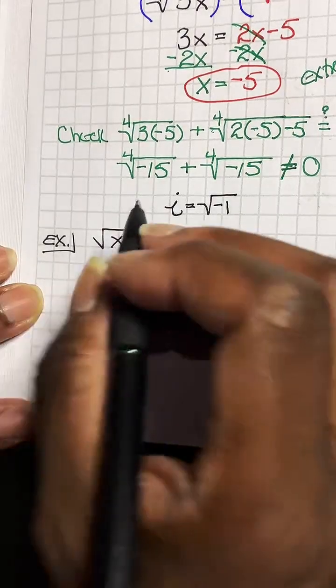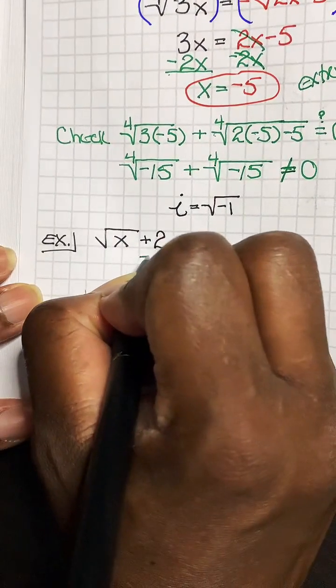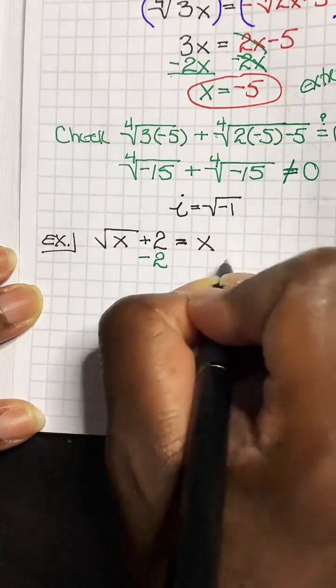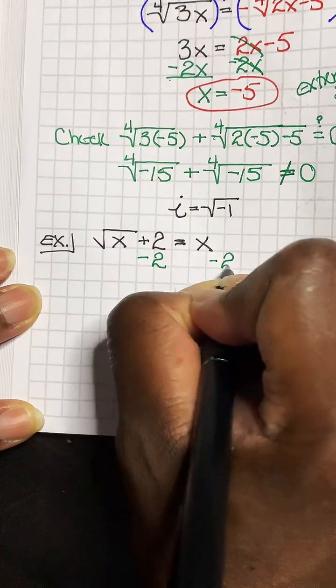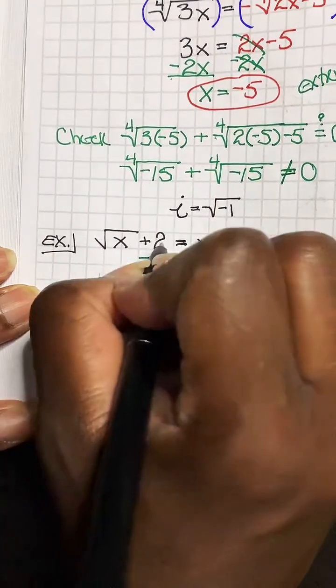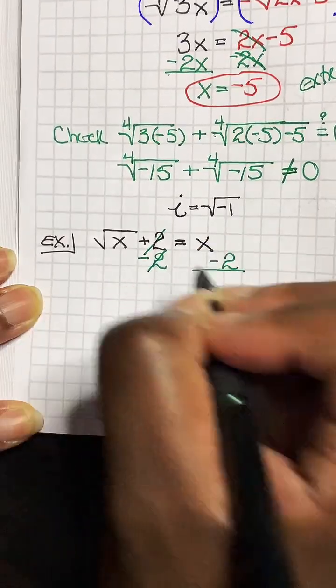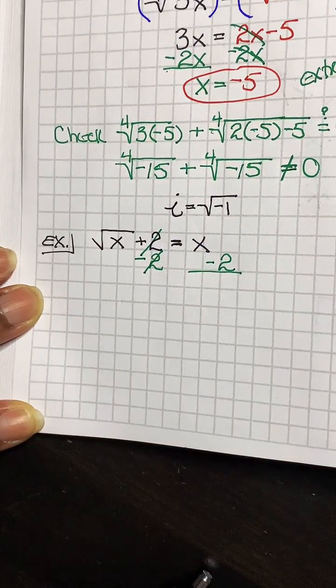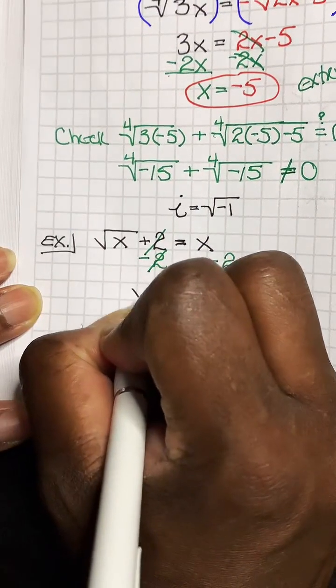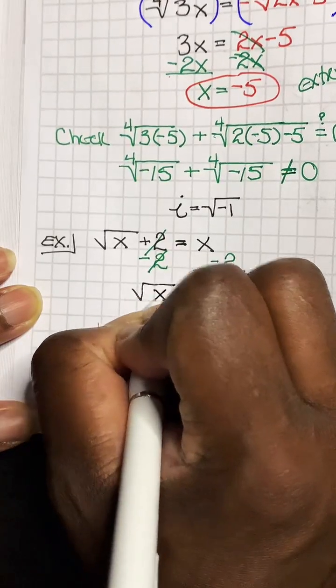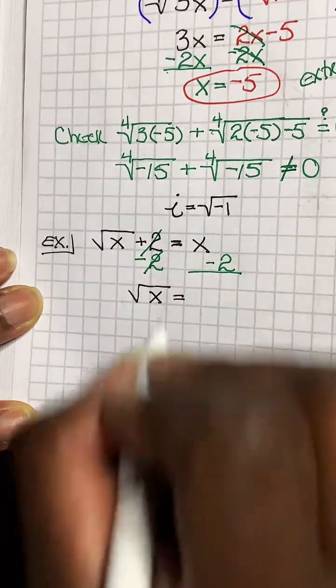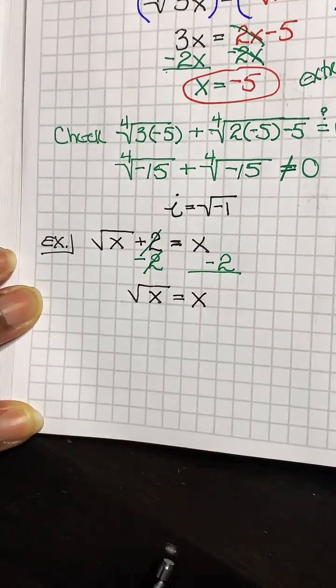Yes, Sydney. So we're going to subtract the 2 on both sides. We have a positive 2 and a negative 2. They cancel out. So now we have the square root of x is equal to x minus 2.